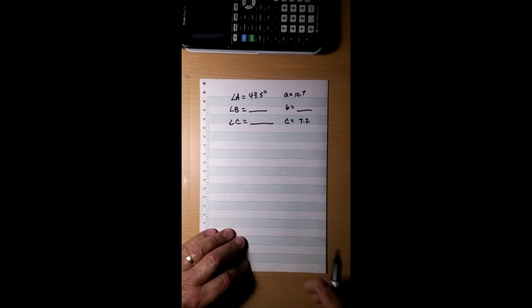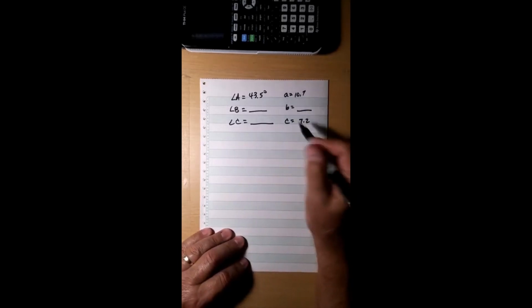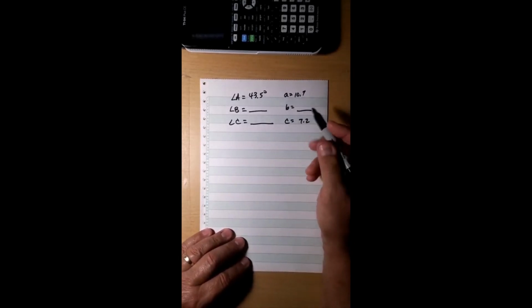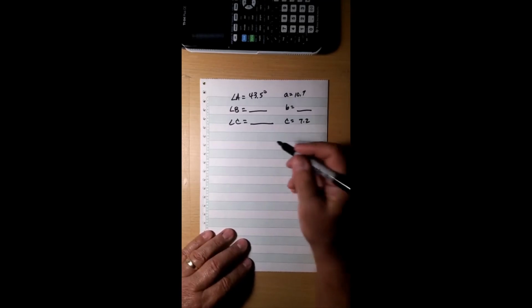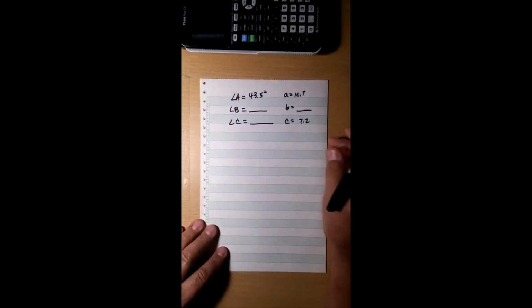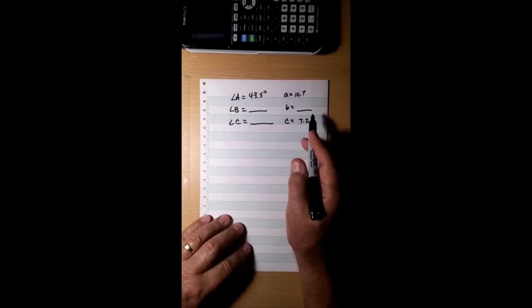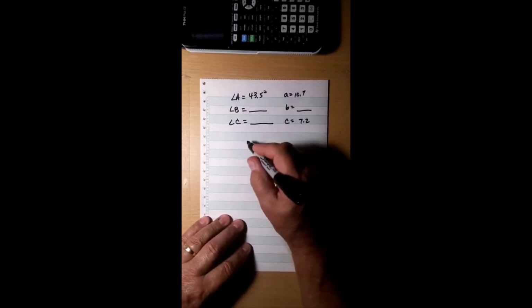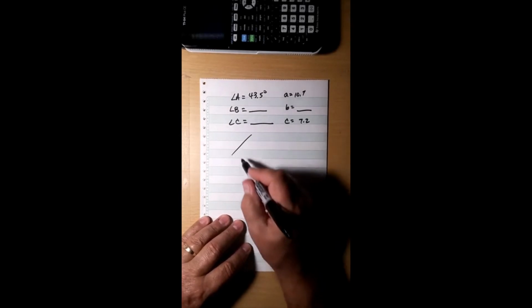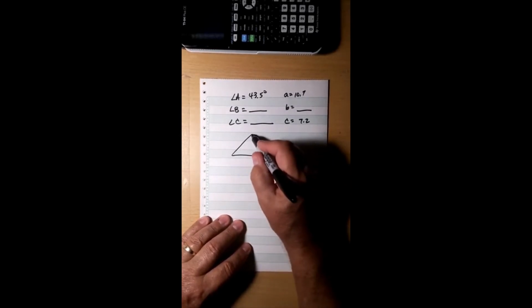So here's another example. Once again, how do I even know that this is angle side? You can make a picture. I know that this is going to be that.